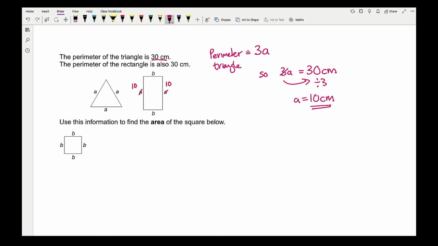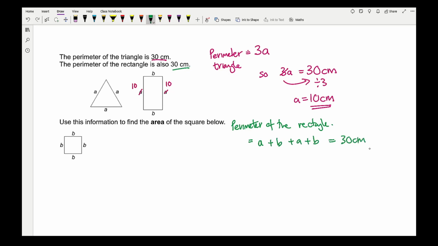So from that, I can then call that 10 and this 10. So then working on the next one, in terms of the perimeter of the rectangle, which is going to be a plus b plus a plus b, and the question says that that's also 30 centimeters.